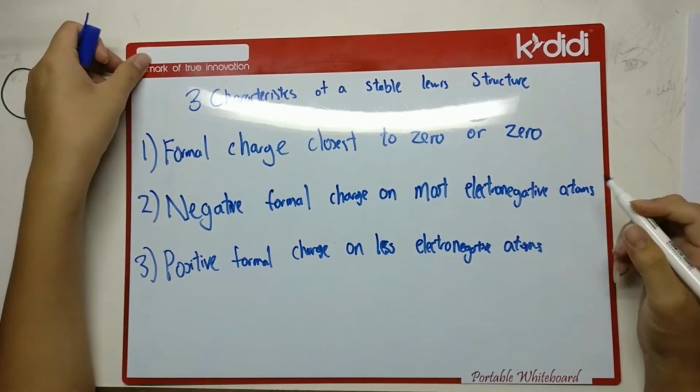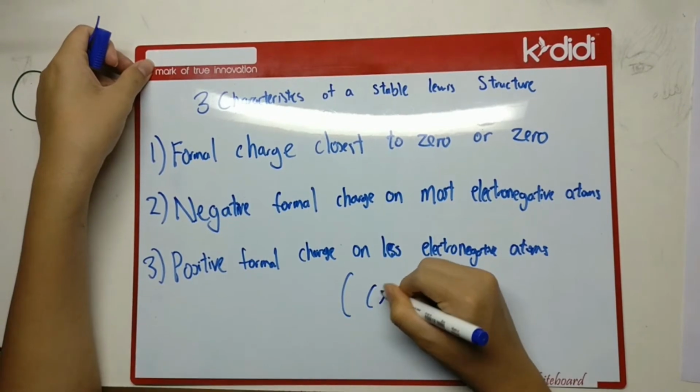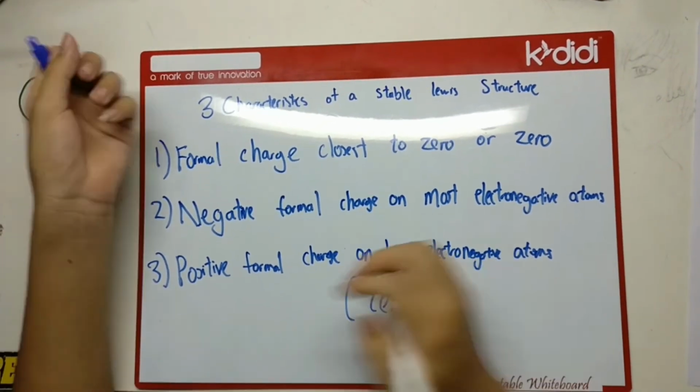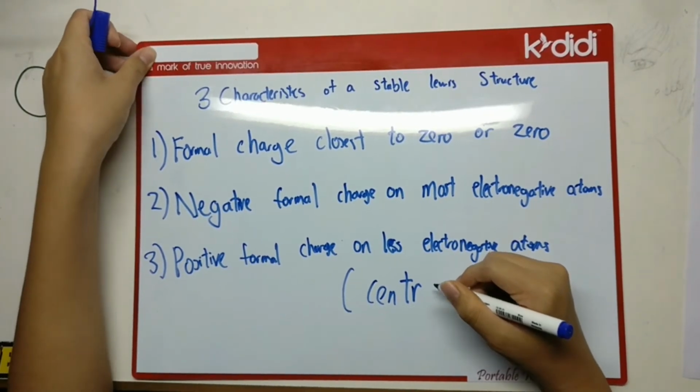Take note for characteristic number 3, as it will normally be the central atom, as it is normally the least electronegative atom.